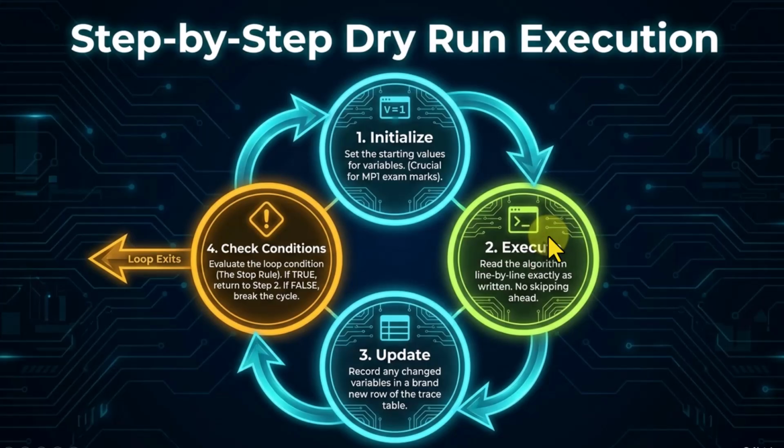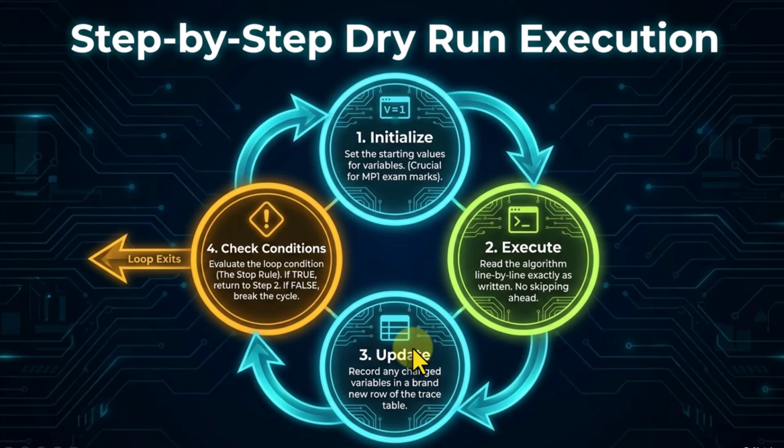Then step by step dry run execution. The first one, initialize: set the starting values for variables, whether from input or hard coded values. So for variables, you say this is the initial value inside the variables that we have got. Then execute: read the algorithm line by line exactly as written, no skipping ahead. You will perform all the calculations that are told inside the algorithm.